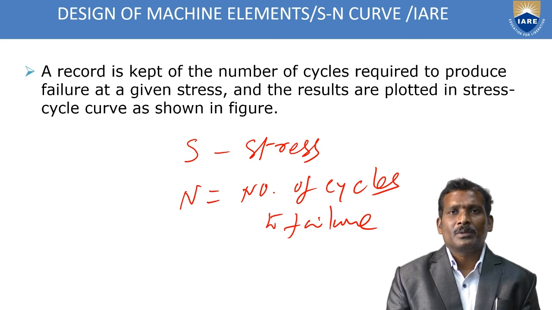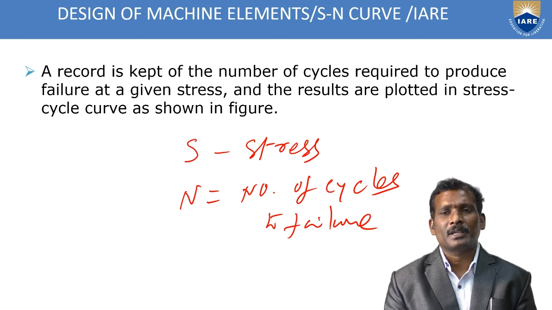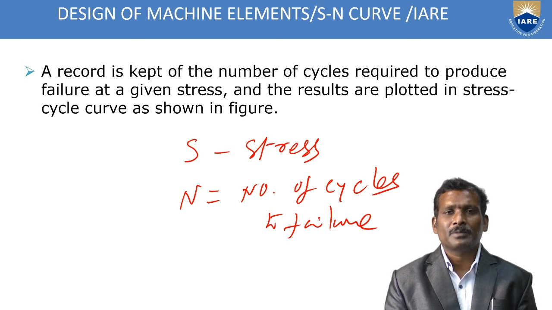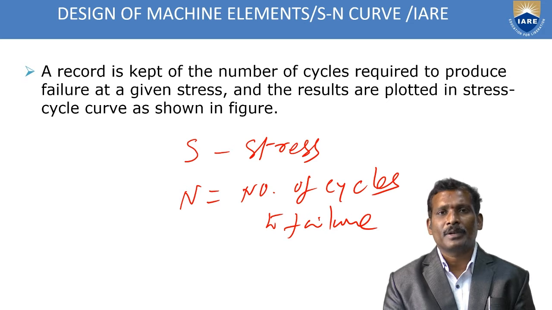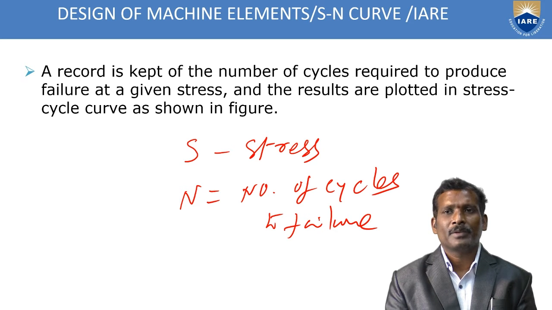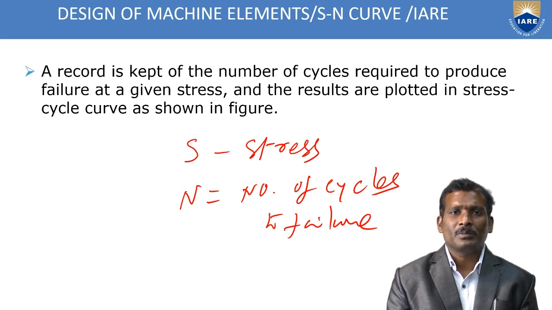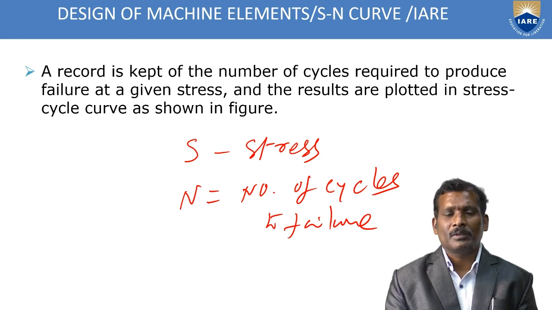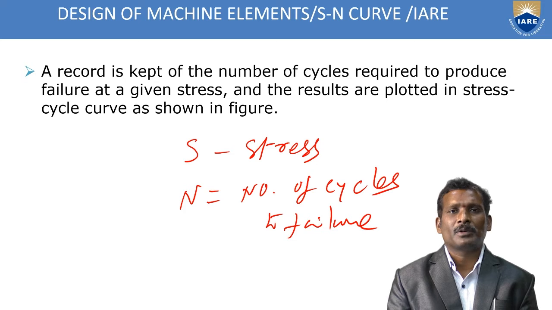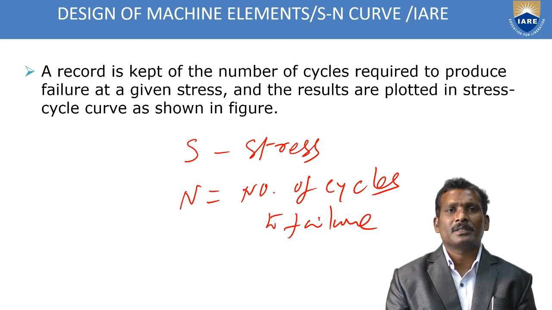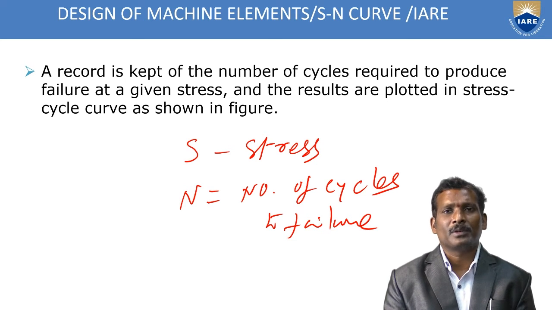By using this SN curve, we can calculate the fatigue strength of the material and also the number of cycles to failure. Generally for ferrous materials, we take 10 to the power of 7 cycles as the maximum, the infinite number of cycles.